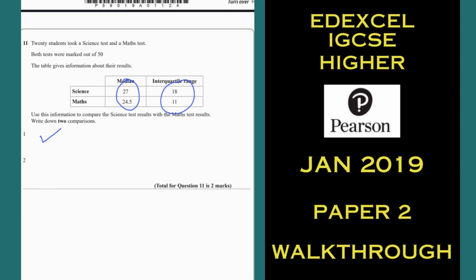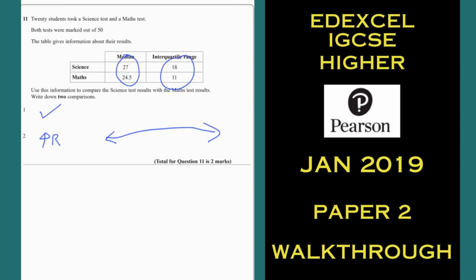But put it into context. What does a higher range or interquartile range mean? If you have a higher range or interquartile range, then it means the results are more spread out or they are more varied. Try and get those keywords in. They're what examiners are looking for.